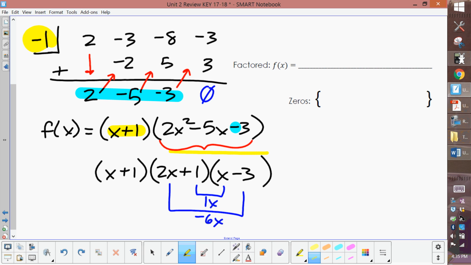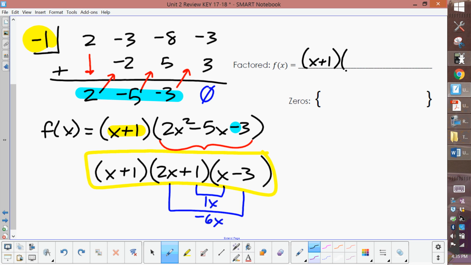I can write that out up here. So f of x equals, in any order really, x plus 1 times 2x plus 1 times x minus 3.